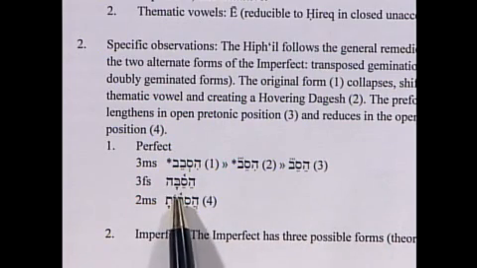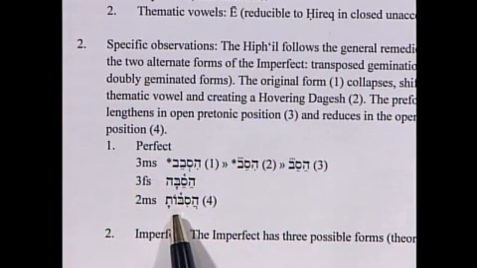But with the 3fs, I'm adding a vocalic ending to the end, and therefore the hovering dagesh lands. And in your second masculine singular, we have a syllabic suffix. Therefore, we need something to connect it to the root. We use the holam vav. Again, the hovering dagesh lands.